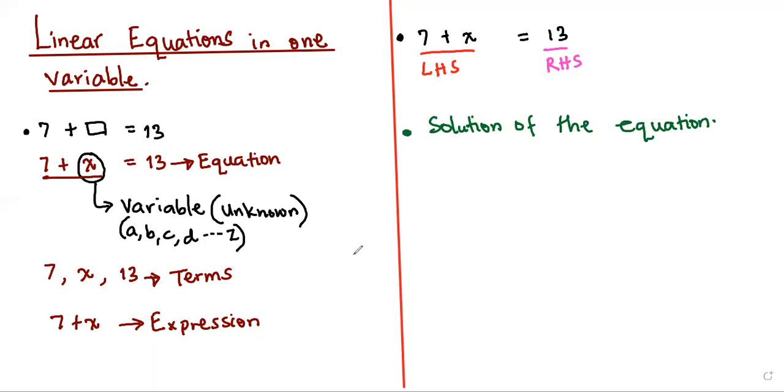We said that if I have my equation as 7 plus x is equal to 13, it means that I need to know what number I can add to 7 and get 13. If I get that number, then that number will be my solution.